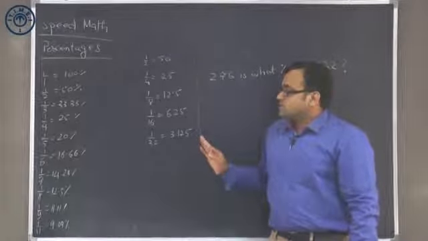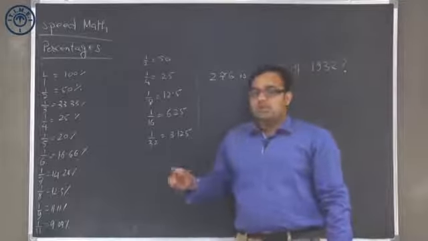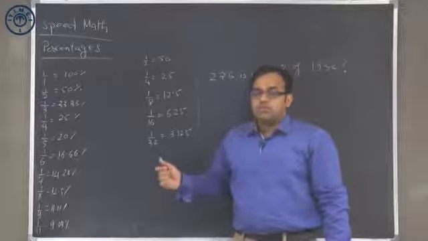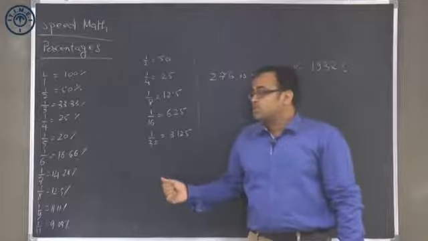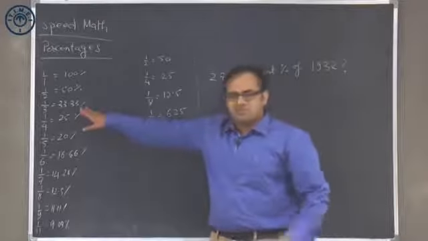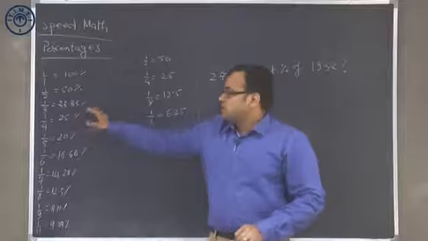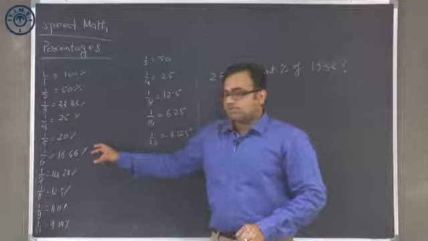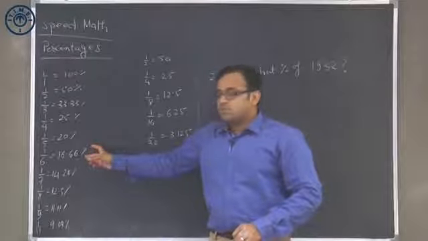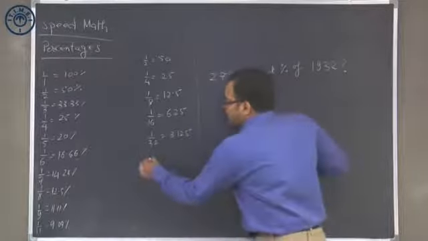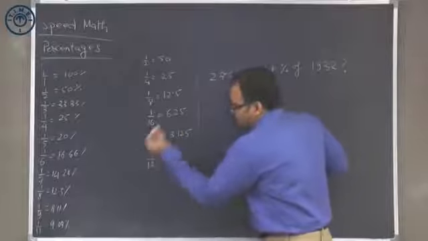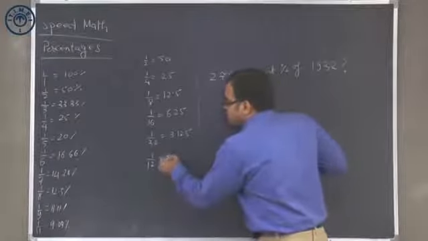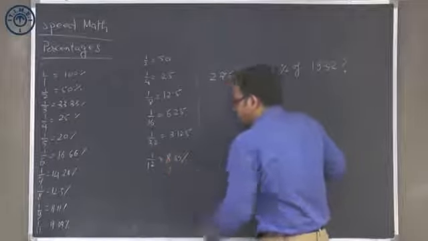If 1/3 is 33.33, 1/6 will be half of that, so 33.33 divided by 2, 16.66. This is again a number that you should just remember. 1/3 is equal to 33.33. 1/6 is 16.66. If I know 1/6 is 16.66, from there I would also know that 1/12 is half of 1/6, so this is equal to 8.33.